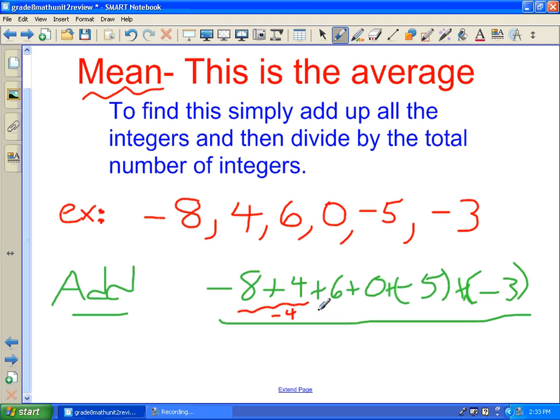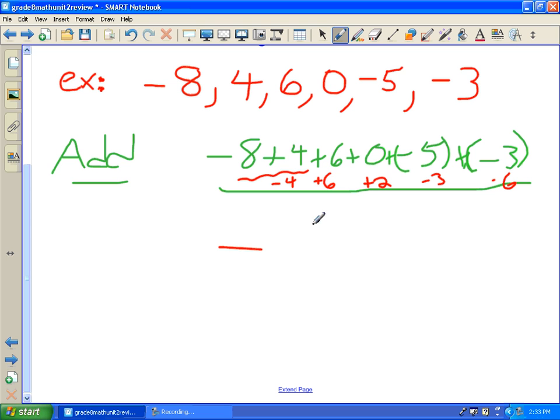So negative 4 plus a 6 is going to be positive 2. So then we're going to have positive 2 plus a negative 5. That'll give us negative 3. And then a negative 3 plus a negative 3 is going to be a negative 6. So all of this, when we add them up, will equal negative 6, the total.